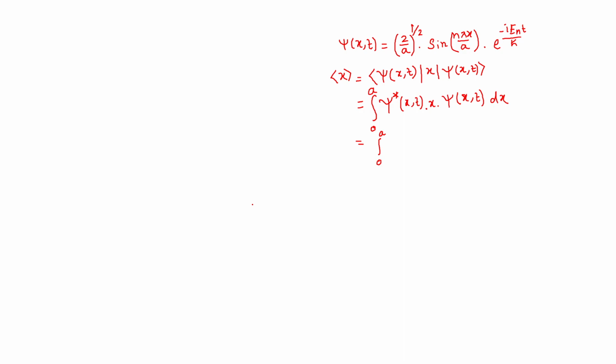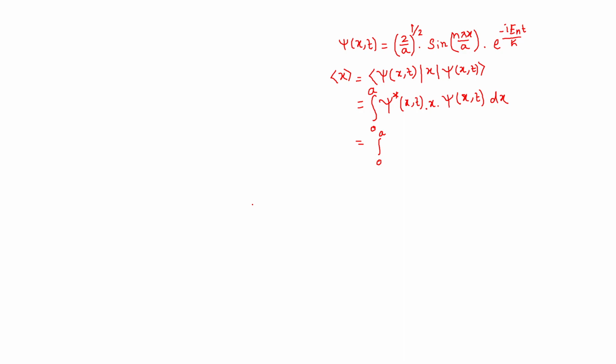Okay, so to know about sine square x, you are just pushing this one to the opposite side of this equal sign, and you are dividing by 2 because there is a 2 here. So you are getting sine square x is half of 1 minus cos 2x. So x into half of 1 minus cos 2n pi x by a.